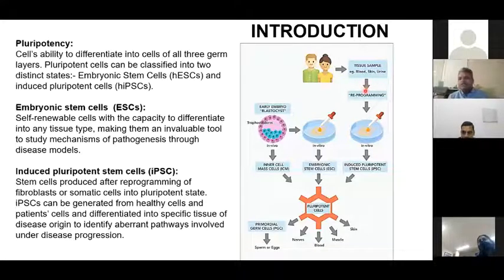They can be programmed and administered the transcription factors that can then lead to generation of this pluripotency in those cells, and thus they result in induced pluripotent stem cells, and they can also give rise to all the three germ layers as well as the organs derived from those layers.